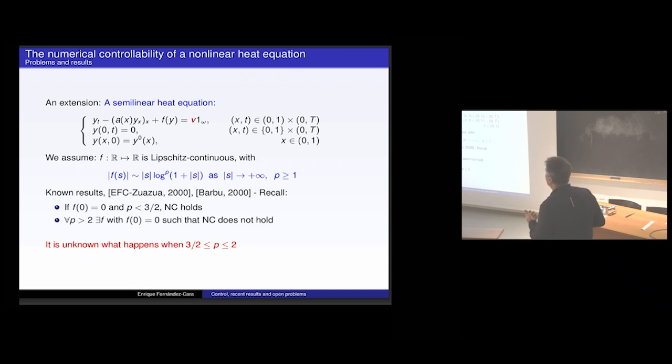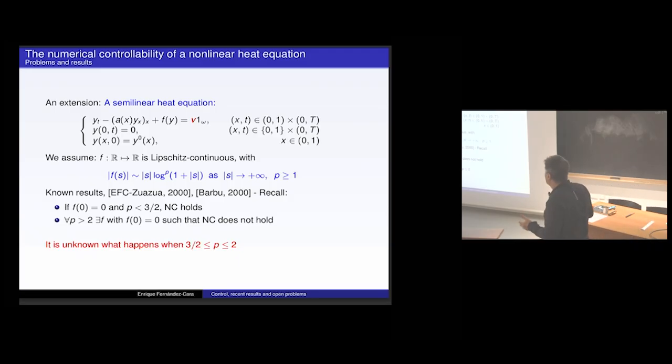And it is also known that for p less than 3/2, null controllability holds. So we can allow f to grow a little stronger than linearly if p is less than 3/2. And it is unknown what happens between 3/2 and 2. It is open.